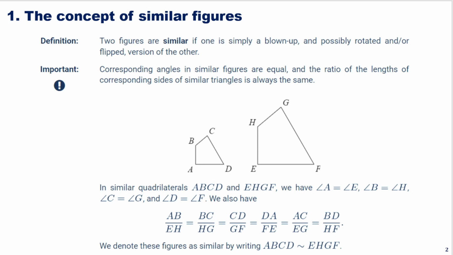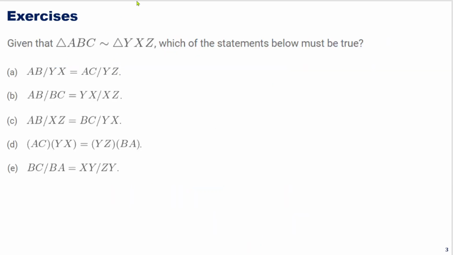And again, in this course, we focus on discussion of similar figures, similar triangles. So let's do a quick exercise. Given that triangle ABC is similar to triangle YXZ, which statement below must be true?